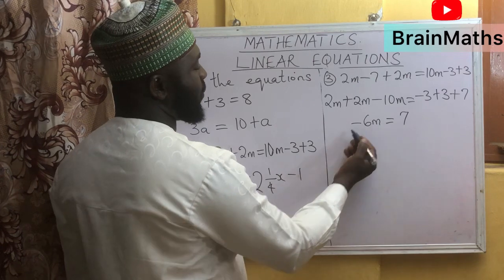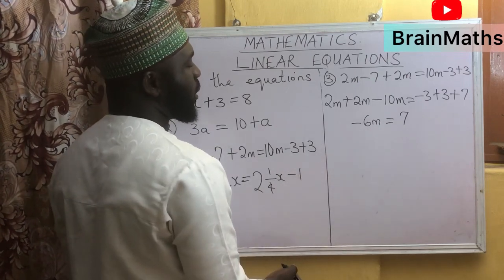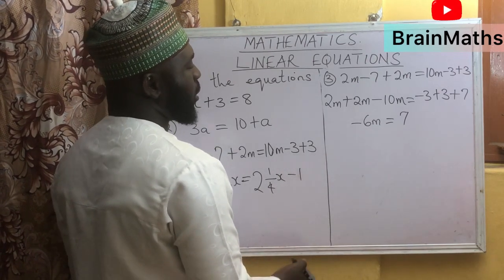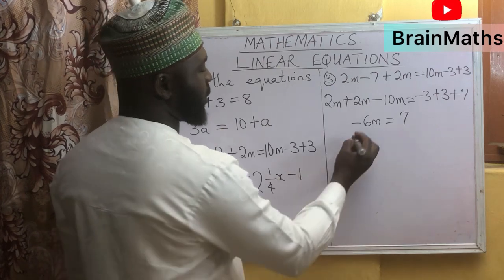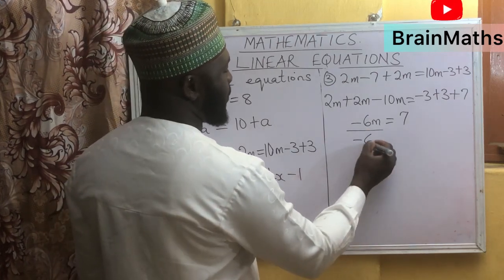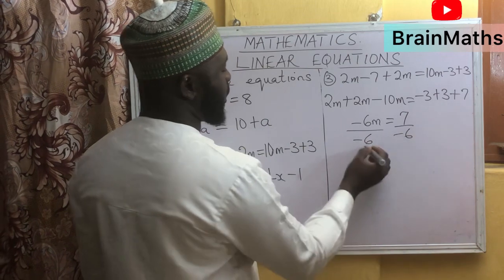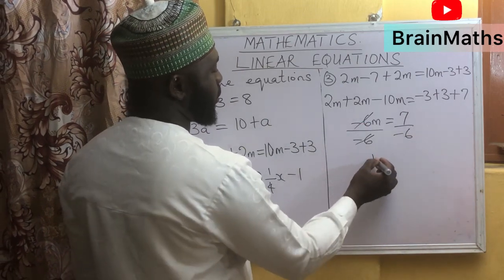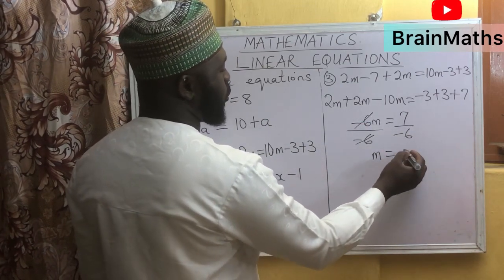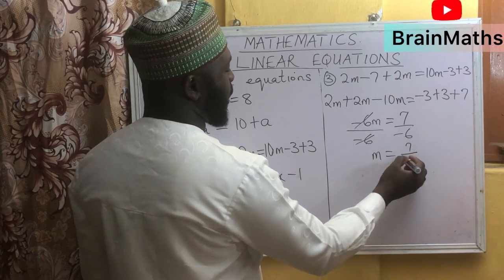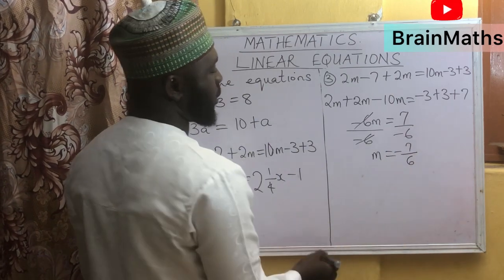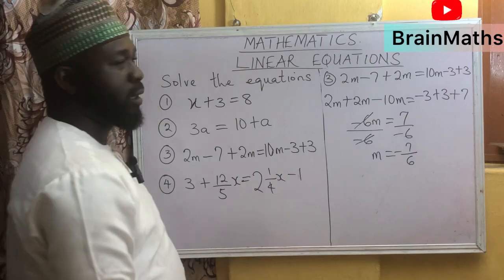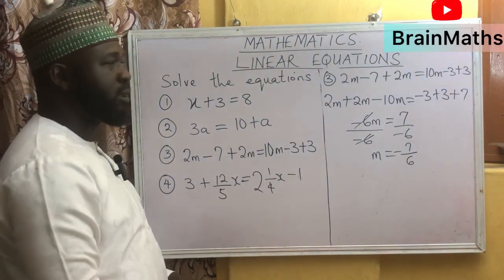So since we are having a variable with our 6, then the coefficient of m is minus 6. So we divide both sides by minus 6, and we are left with m equals 7 over minus 6. So the value of m is minus 7 over 6.